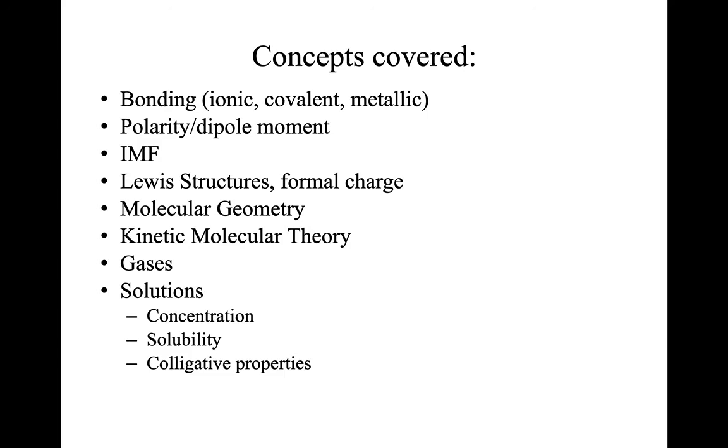Secondly, if there is a polar bond we can look at the shape of the molecule to determine if it's symmetrical, in which case the bond dipoles would cancel out, or non-symmetrical, in which case we have a polar molecule. We can use intermolecular forces to describe properties of materials. We can draw Lewis structures to determine molecular geometries.